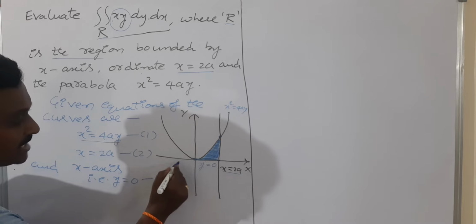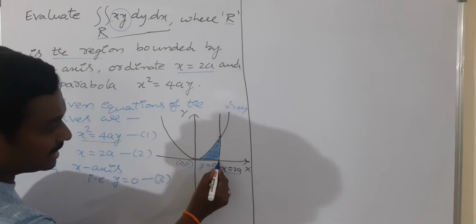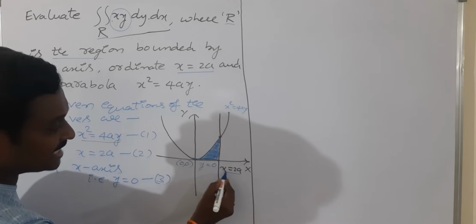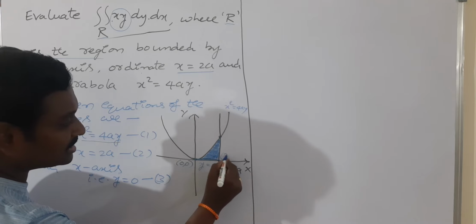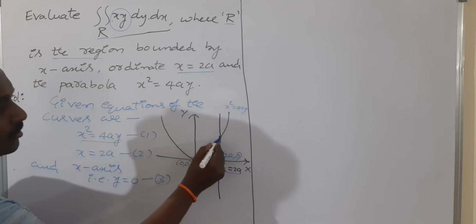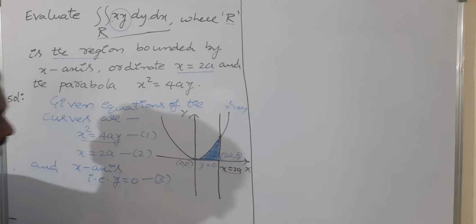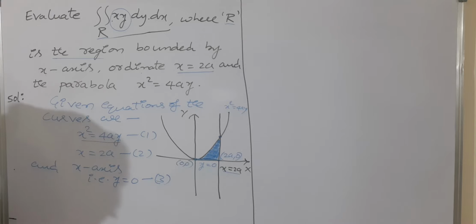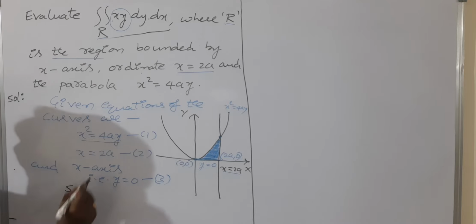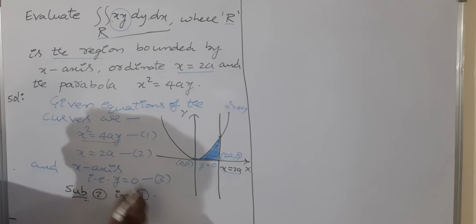Everybody knows that this is the origin and this is a point on the x-axis at the distance 2a comma 0. That's why 2a comma 0. So it is enough to find the intersecting point of the straight line x is equal to 2a and the parabola. That's why I substitute x is equal to 2a, which is equation number 2, in the parabola.